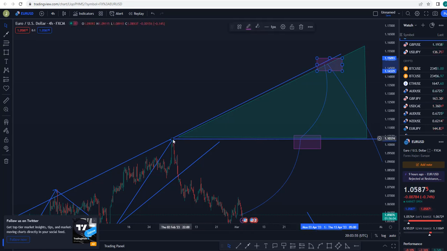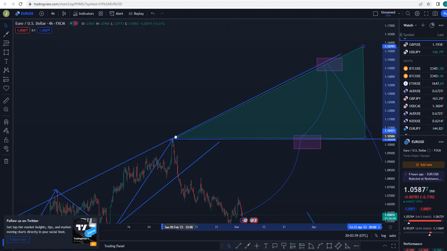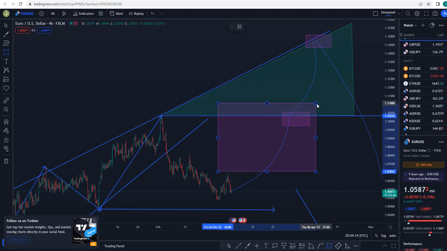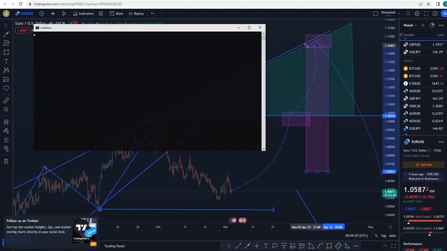Those who sell here, their stop loss, the resistance will keep rising as the price keeps ranging here. So if it ranges more, the price is going up. There are more chances to go up and touch this trend line.